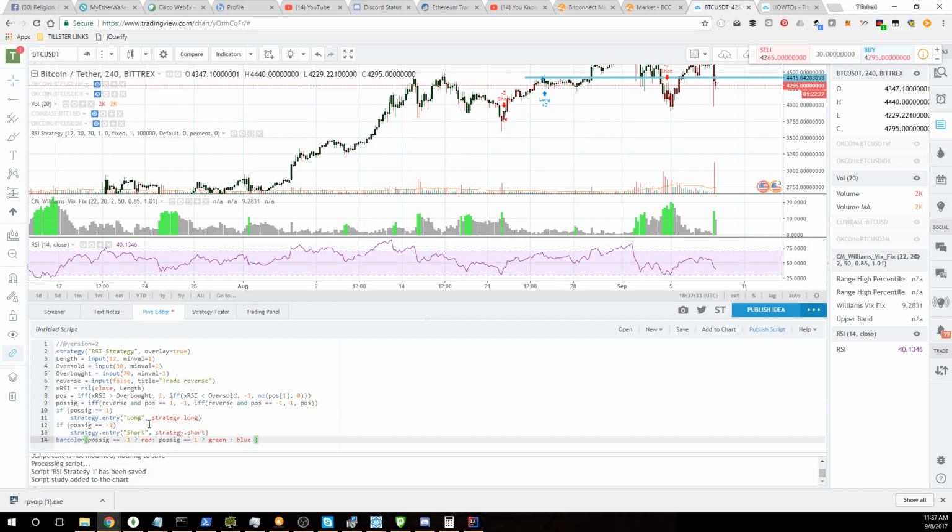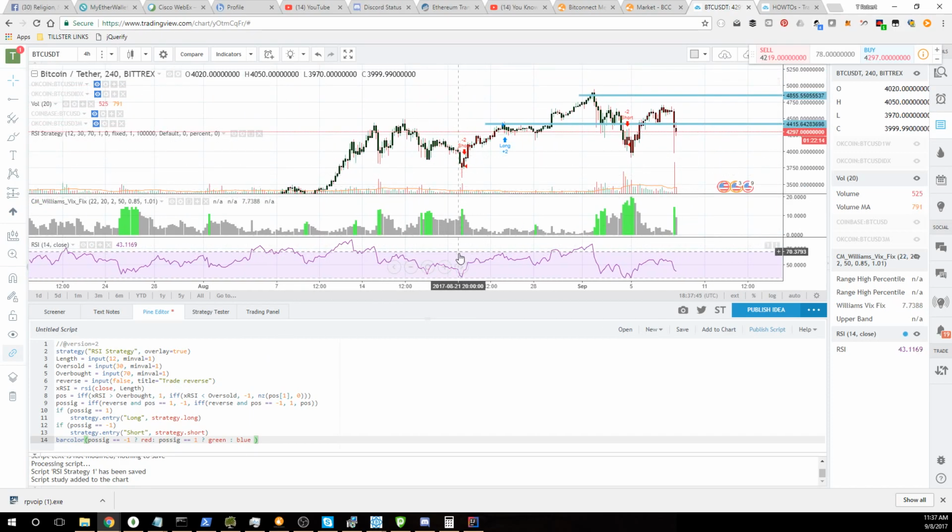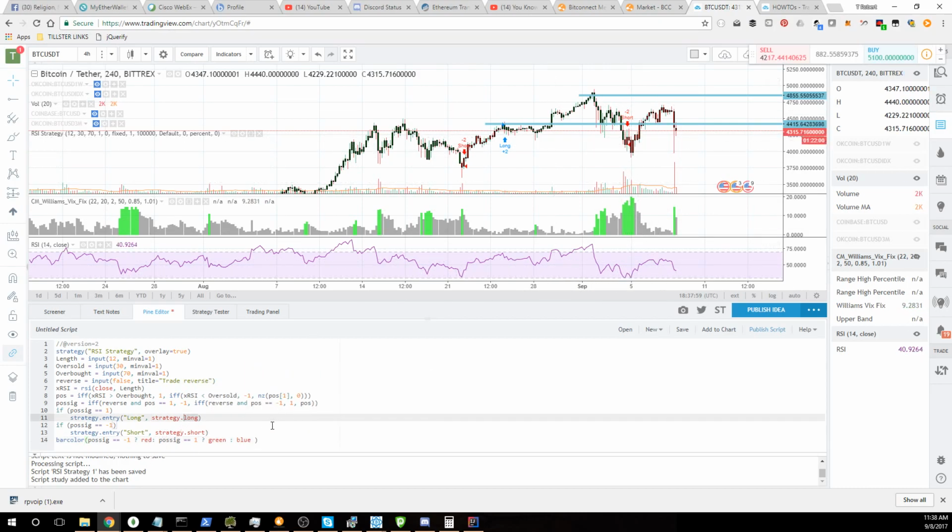The point here is that when the RSI signaled for us, we said we've gone too low, and I think we probably reversed them.